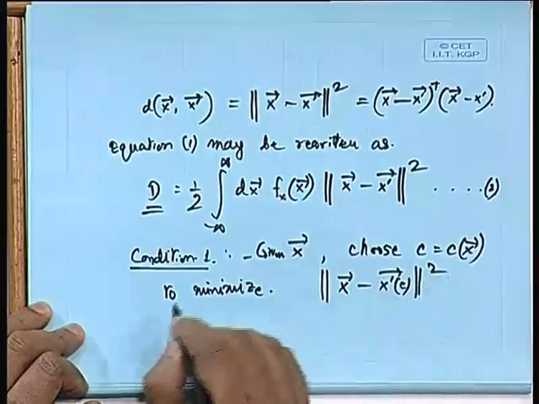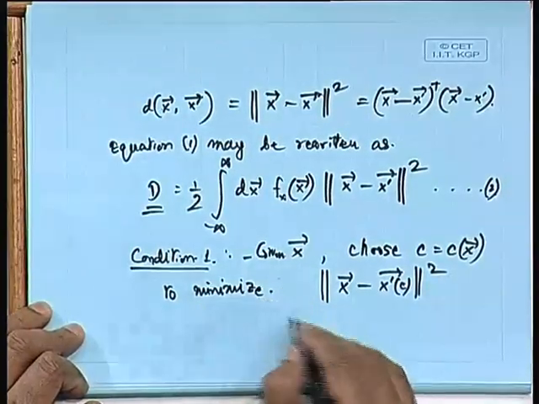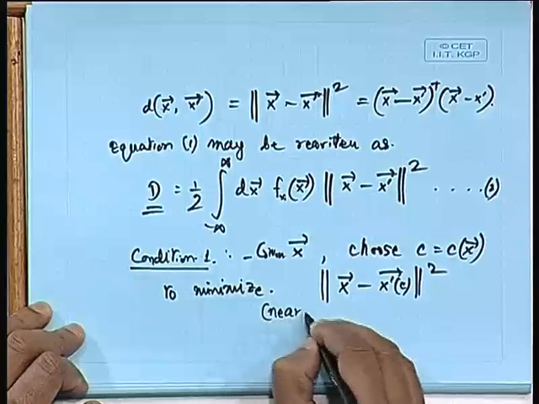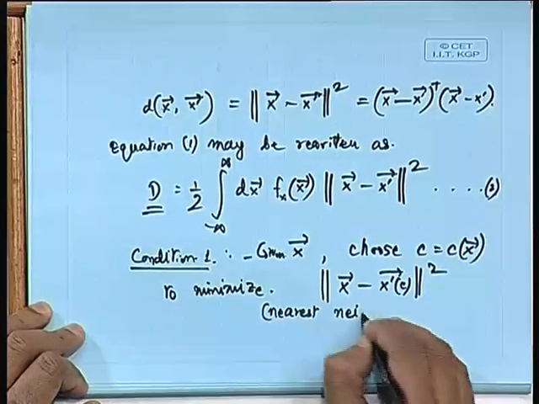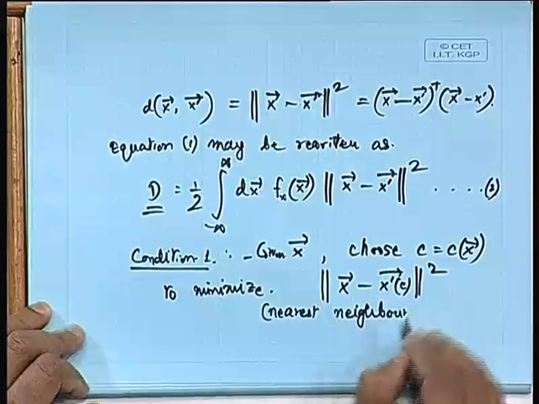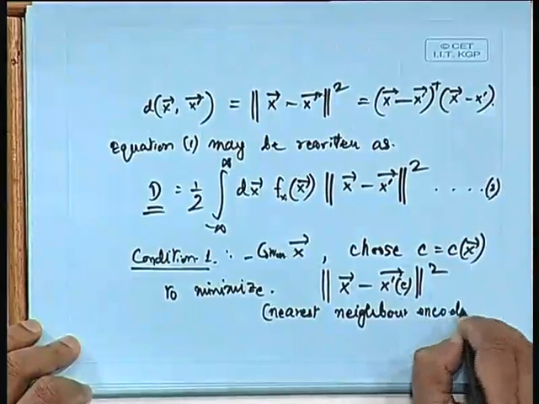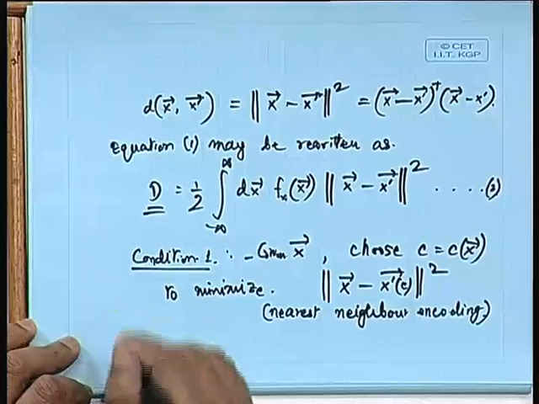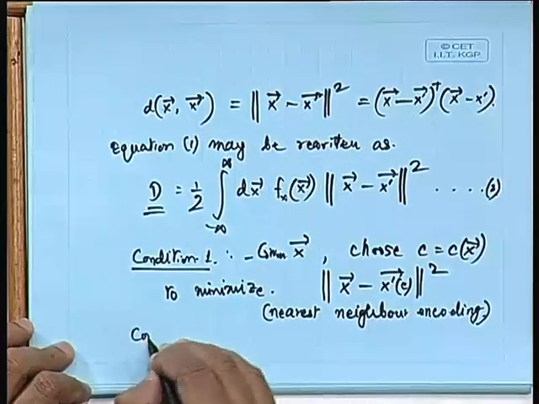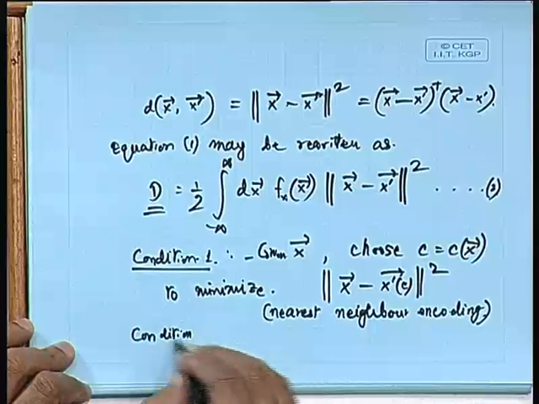So, that is the first requirement. In fact, this is called nearest neighbor encoding. What we are essentially doing, by mapping from the continuous input space to the discrete space, is only making the nearest neighbor the winner. So, it is a nearest neighbor encoding. Okay. So, this is condition 1, and now condition 2 that one has to fulfill is the decoder condition.